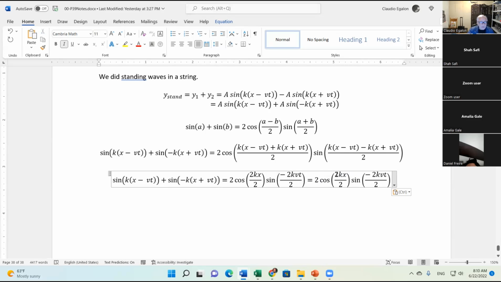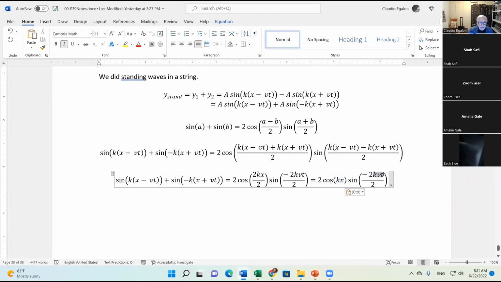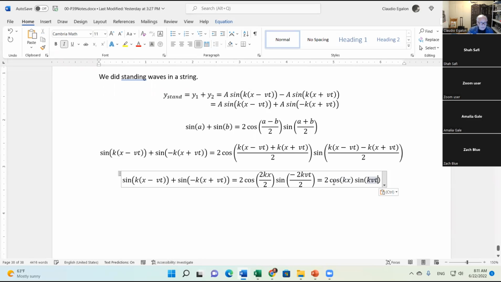The 2 cancels with the 2. And then we get the 2 again canceling out. Because of the negative sign, we can put the negative sign outside, okay? Something like that.